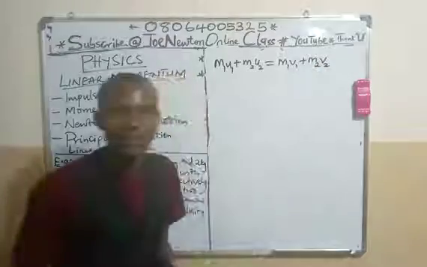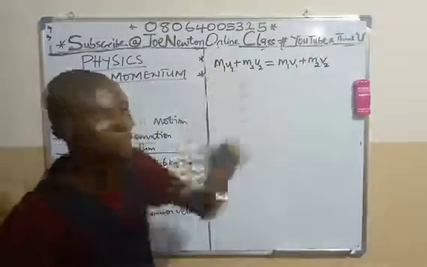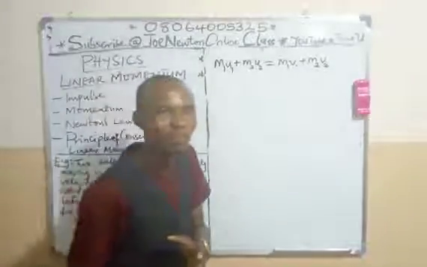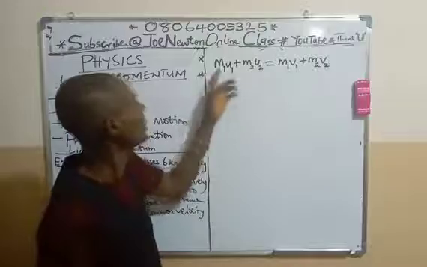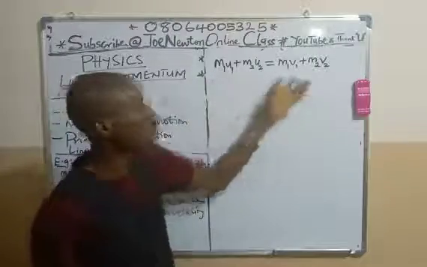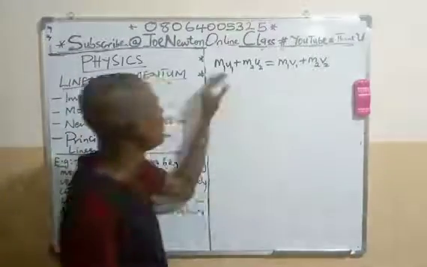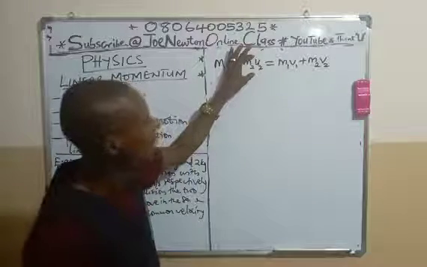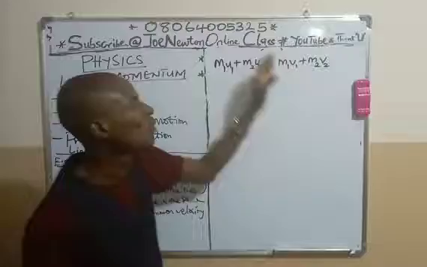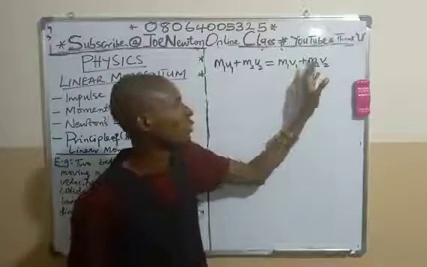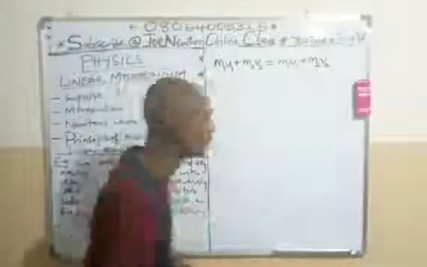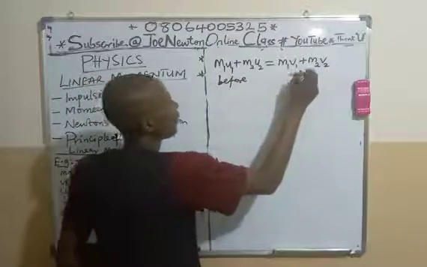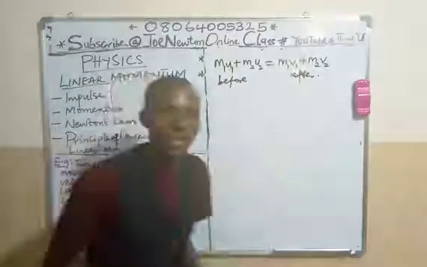So that's the statement. Remember that momentum is mass times velocity. From that principle of conservation of momentum, it simply implies that the momentum of body 1 plus momentum of body 2 before collision is equals to momentum of body 1 plus momentum of body 2 after collision. So this one is before collision, this is after collision.